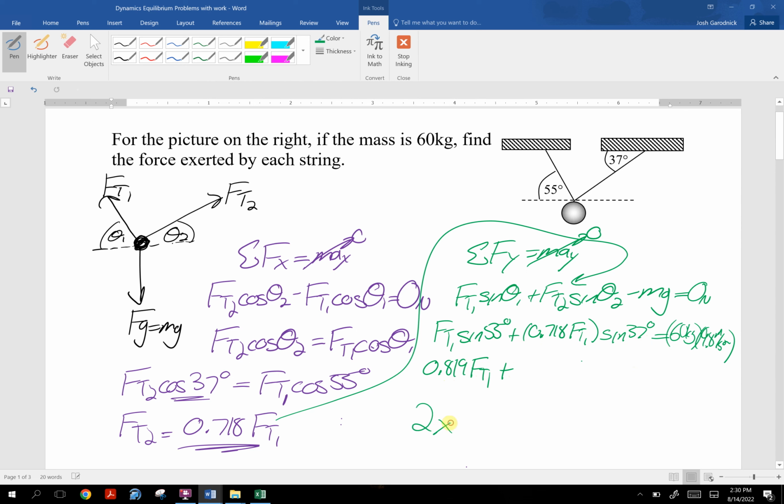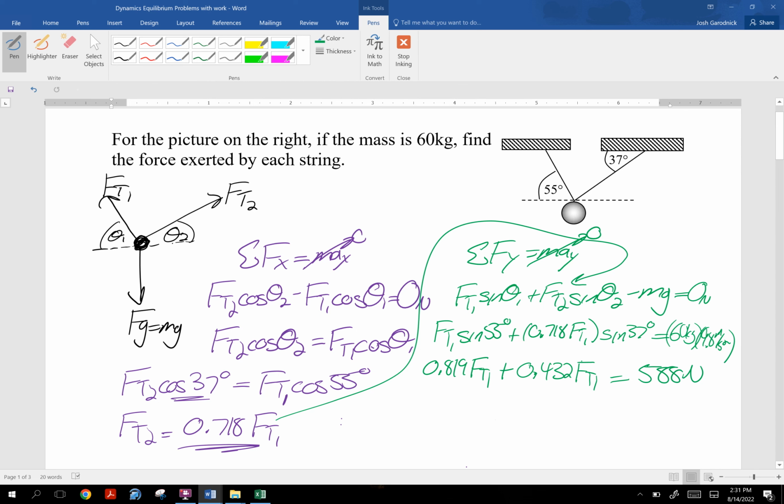This shouldn't intimidate you. It's just decimals, so 0.718 times sine 37. That's all I'm putting literally as I do it on the calculator. I got 0.432 ft1 equals 588 newtons. That's the right side of my equation.